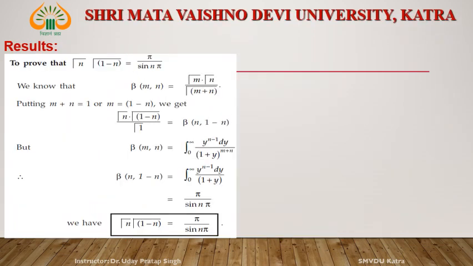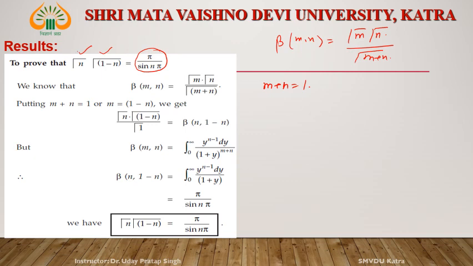Now see, we have to prove gamma of n into gamma of 1 minus n is equal to pi by sin n pi. Since we know that beta m n is equal to gamma m gamma n divided by gamma m plus n, if we put m plus n is equal to 1, why?